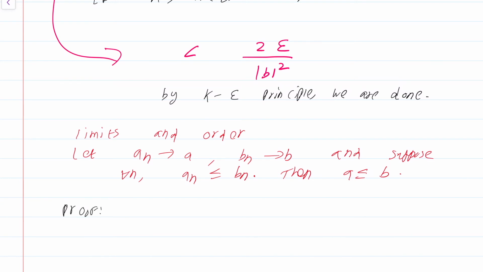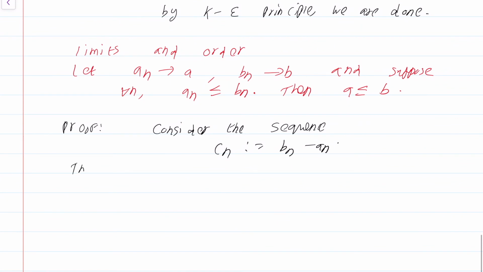Consider the sequence Cn defined to be Bn minus An. Then for all n, Cn is greater than or equal to 0. And Cn converges to C, which is by definition B minus A. Why is that?